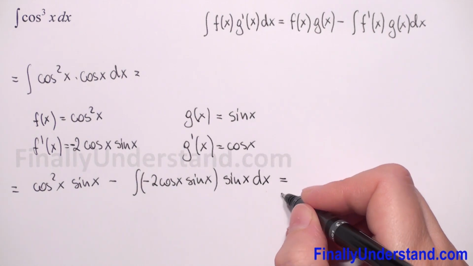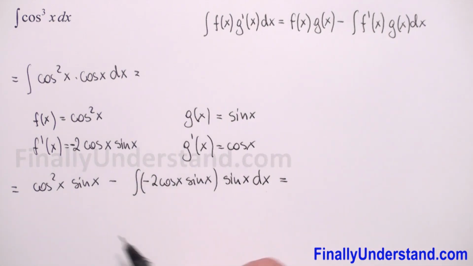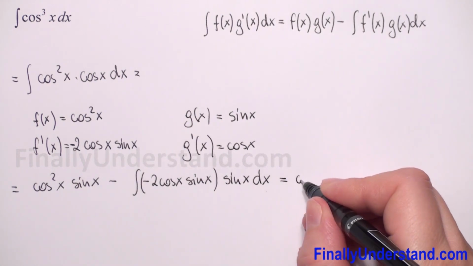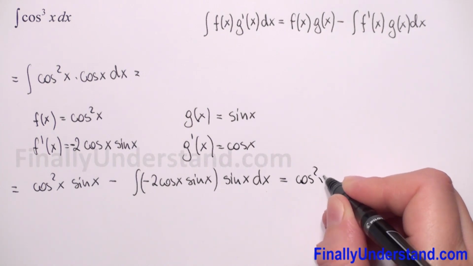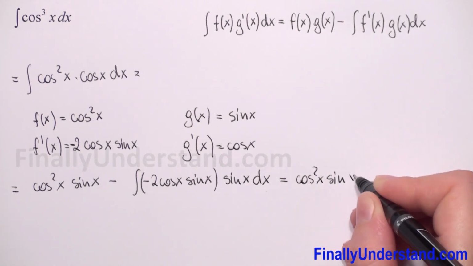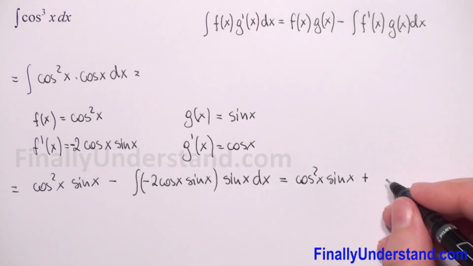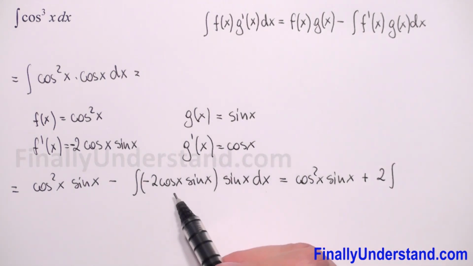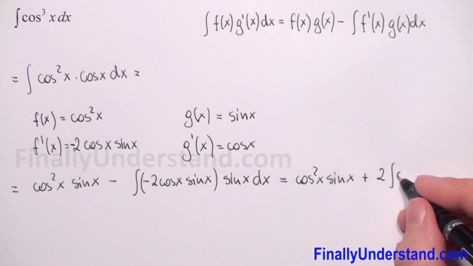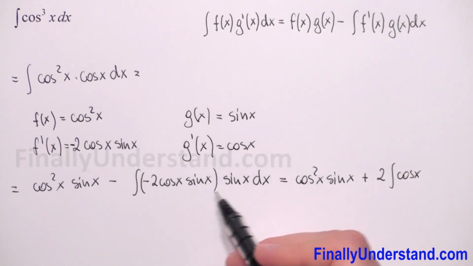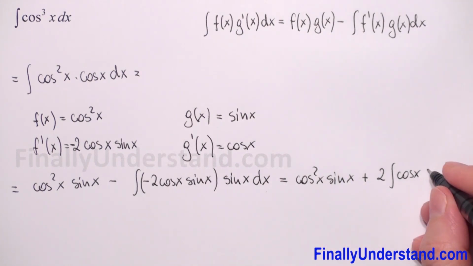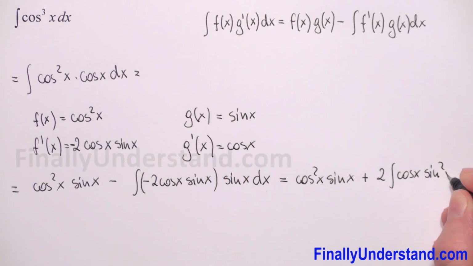We can rewrite this as cosine square of x sine of x. Negative and negative give us positive. We can put the constant before the integral, and we have cosine of x. Sine times sine is sine square of x with respect to x.